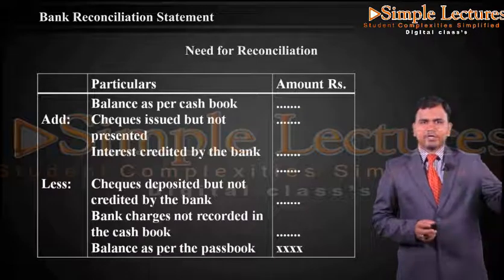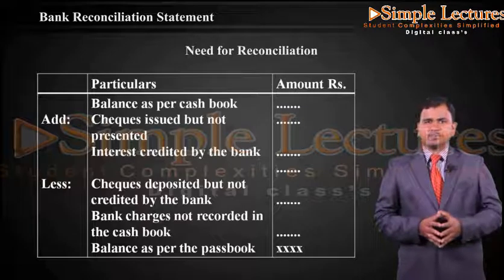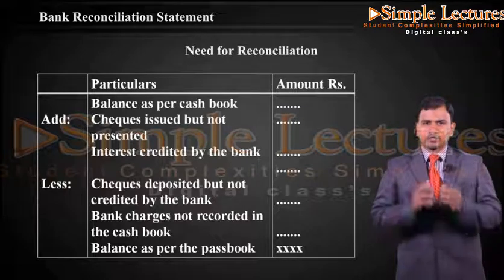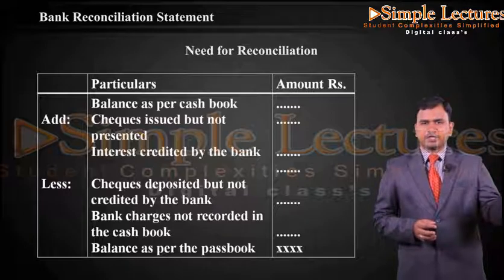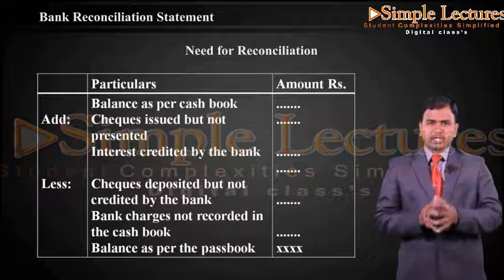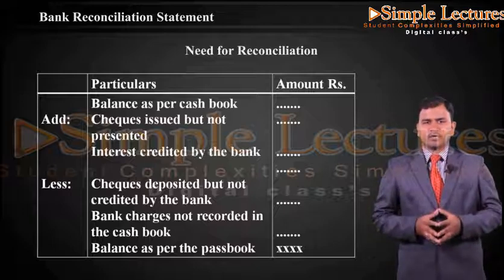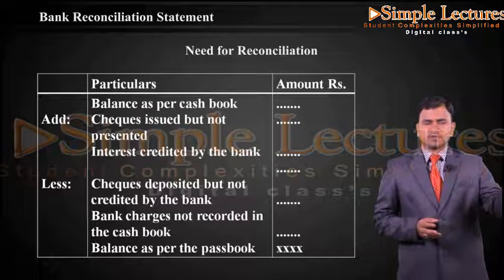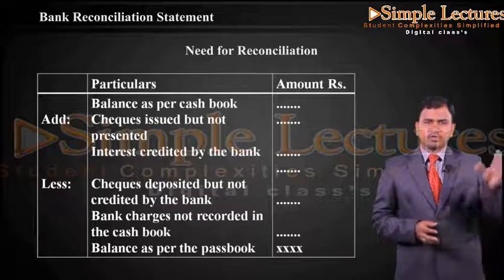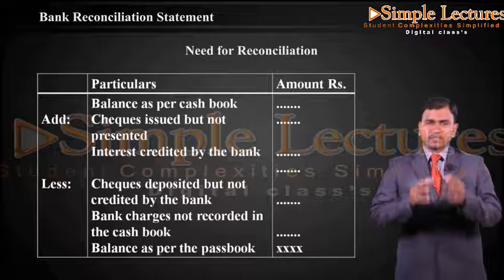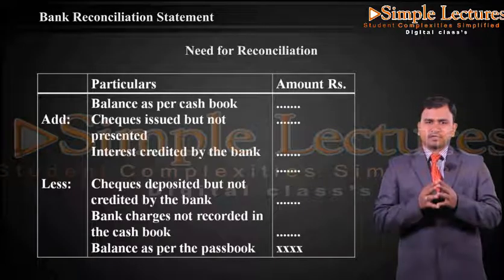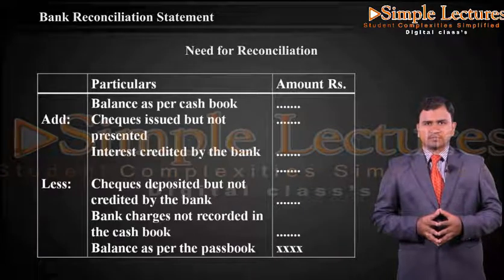We are going to deduct cheques deposited but not credited by the bank. Whatever cheques we have deposited into the bank, if they are not credited to our account, should be deducted. Again, bank charges not recorded in the cash book. Bank charges which were not recorded in the cash book, we deduct from the balance, and the leftover balance will be the balance as per the cash book.